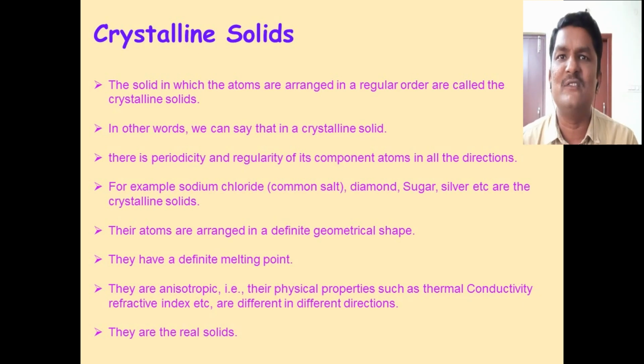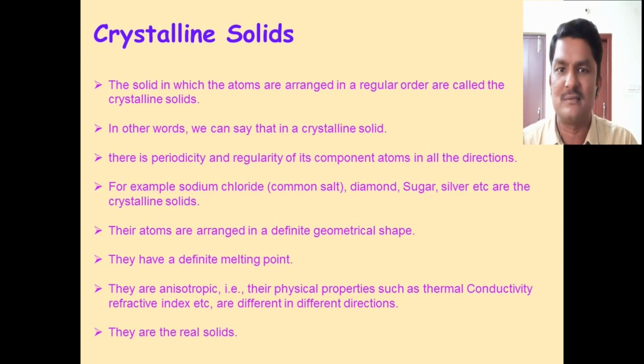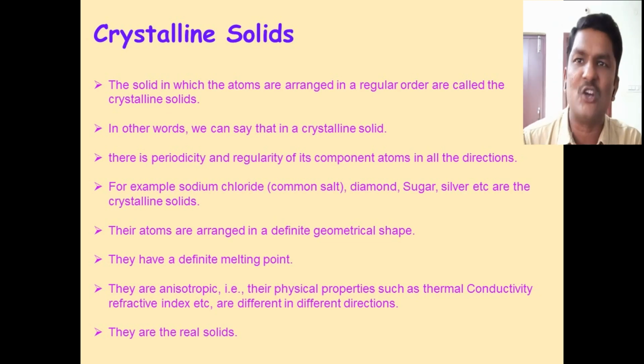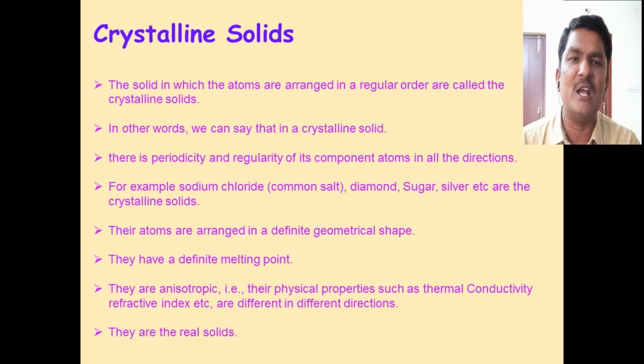In other words, in a crystalline solid, there is a periodicity and a regularity of its component atoms in all directions. It means that in the case of a crystalline solid, the periodicity and regularity of its component atoms is the same in all directions.